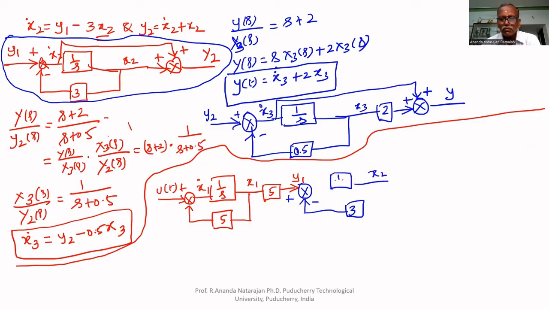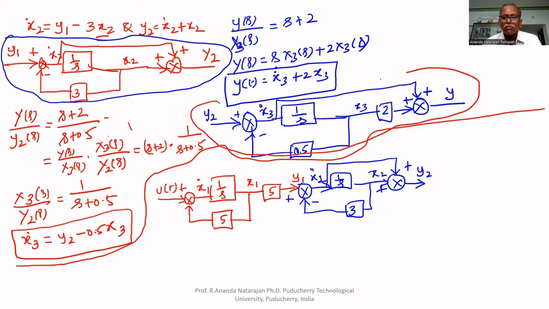If you integrate x2 dot, you get x2. What is y2? y2 is the sum of x2 and x2 dot. Now you got y2. Here y2 is the input and y is the output. So you connect here. That is x3 dot.